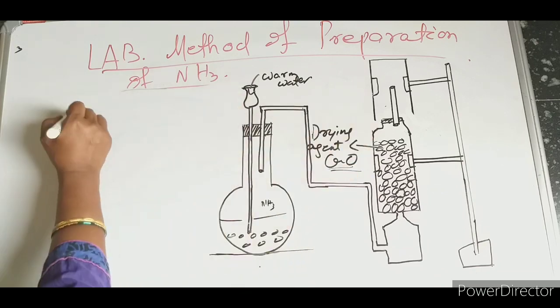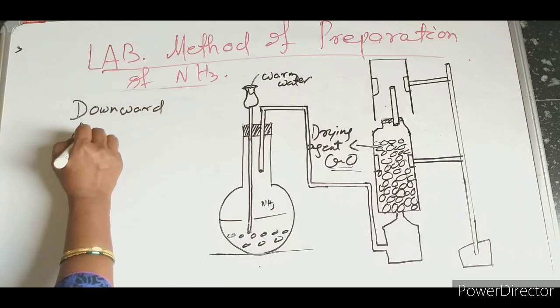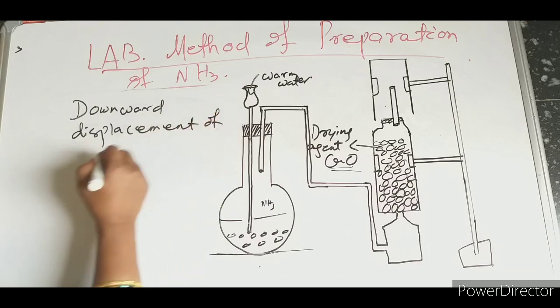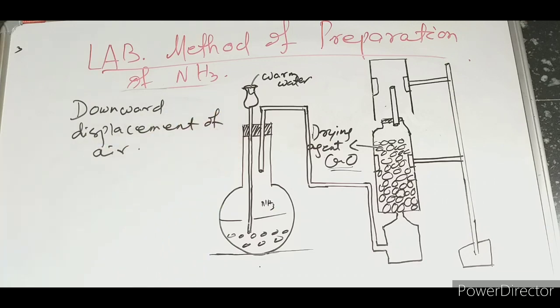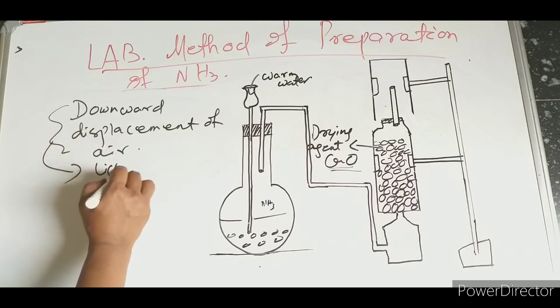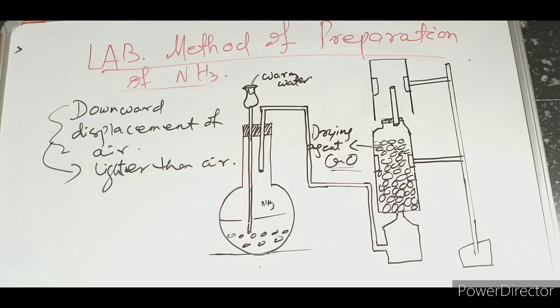So here again, writing downward displacement of air. This is how it will be collected. Why not with water? Because it is highly soluble in water. What information does it give? It gives that it is lighter than air.